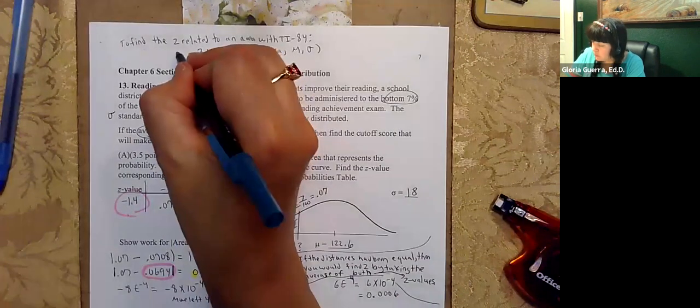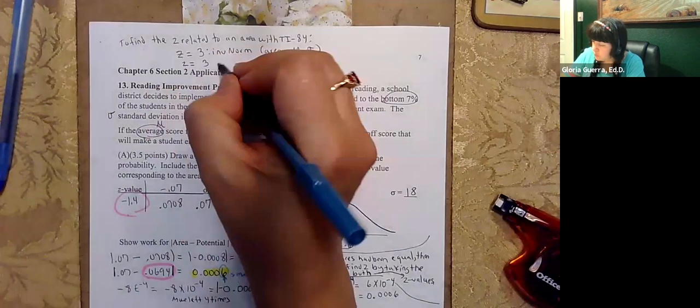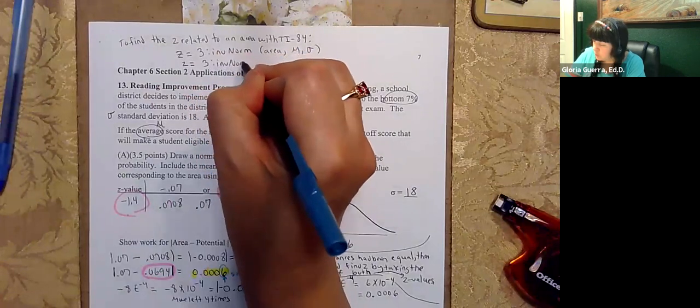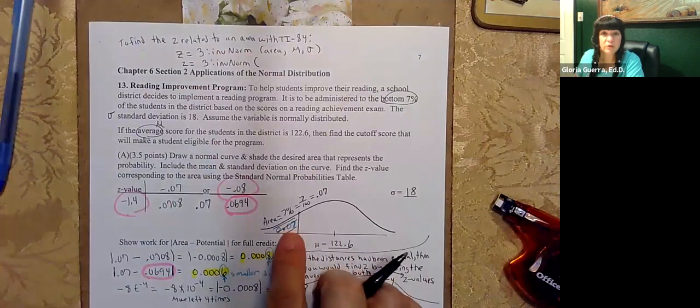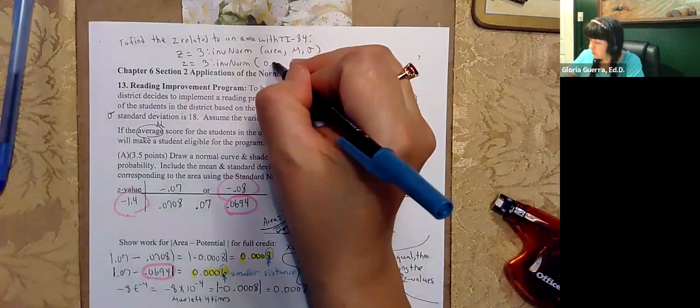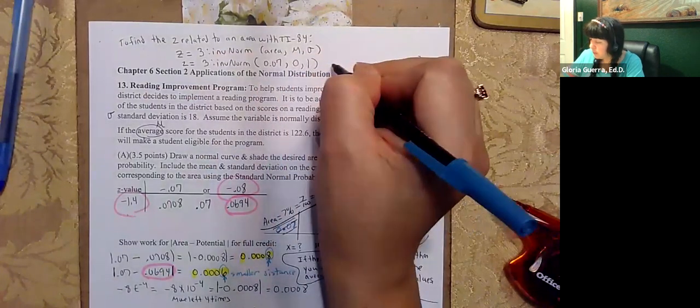So we had z, right? That's what I did in class. Z equals inverse norm. Here, this is assuming that the area is to the left of the curve. So it would have been 0.07, mu is 0, sigma is 1.